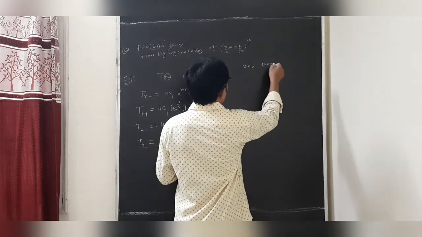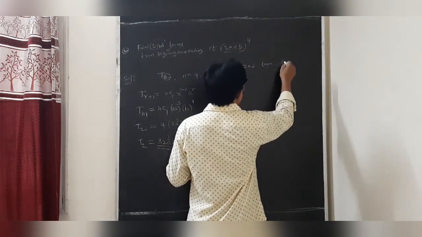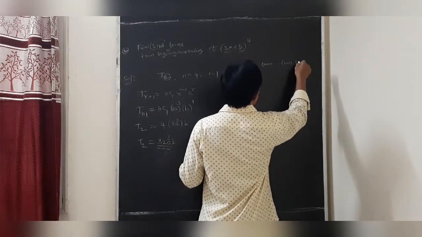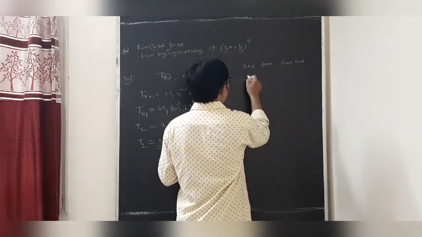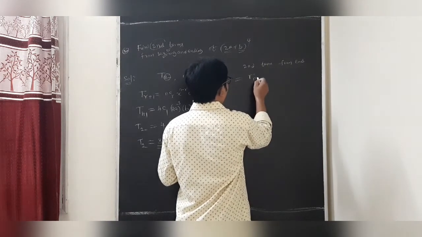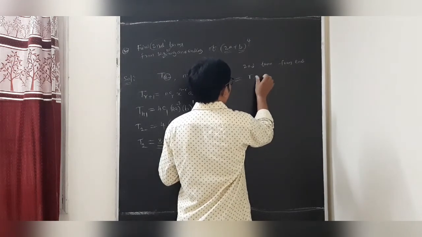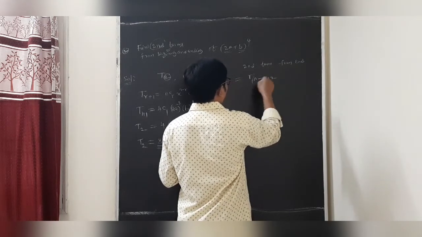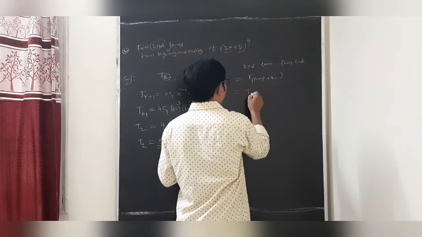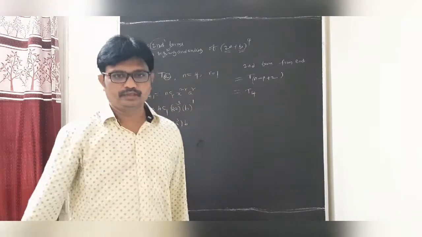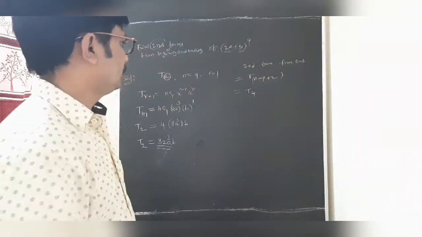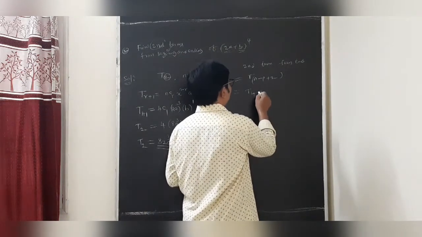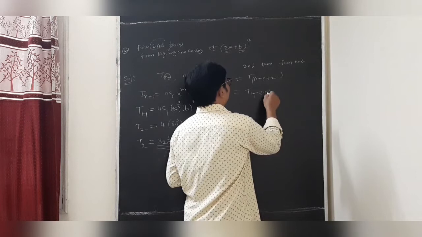It is T(n-p+2), this is the form. n is 4, and p is 2, plus 2.